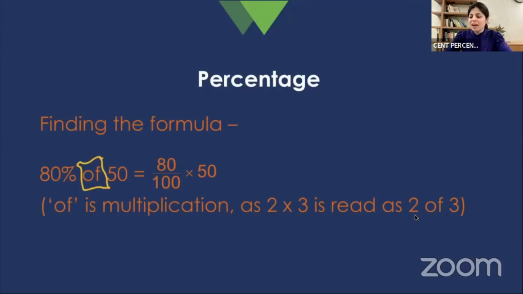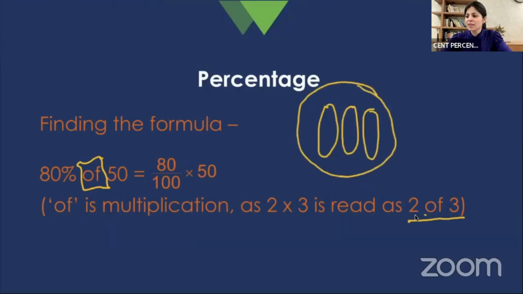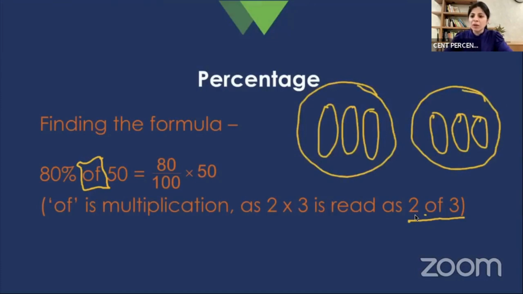Whenever we have 2 of 3, that means we have 2 sets of 3 toffees or 2 sets of 3 pencils. This is one set of 3 pencils and this is another set of 3 pencils. So this signifies 2 into 3. I'm sure you would now be able to visualize what could be 3 of 2. I leave it as an exercise for you: start visualizing, what could be 3 of 2?